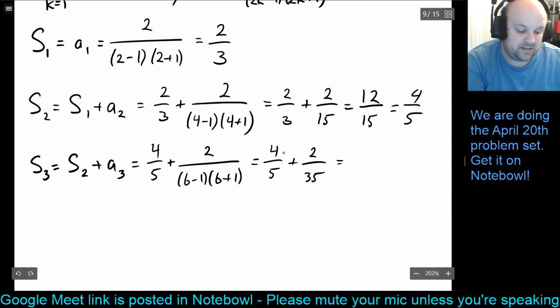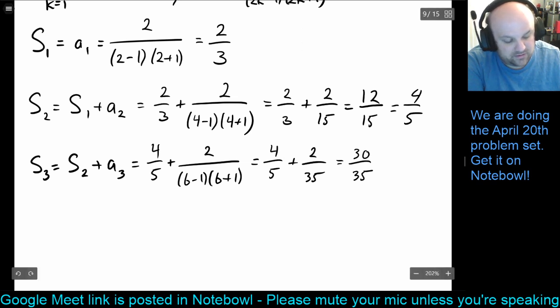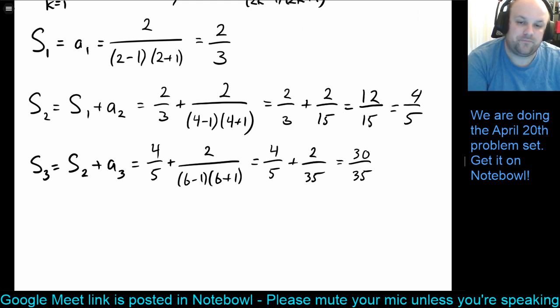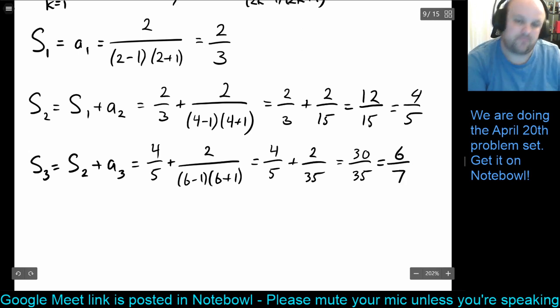So we have to multiply here by 7 over 7 to get a common denominator. So that's going to be 28 over 35 plus 2 over 35, which is 30 over 35. If you put over a common denominator and add them together, that's what you're going to wind up with. And the top and bottom are divisible by 5, so simplify it, and we get 6 over 7.